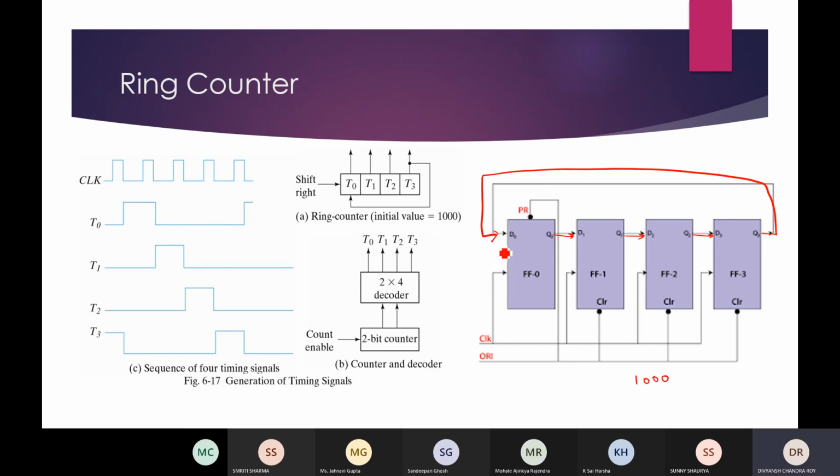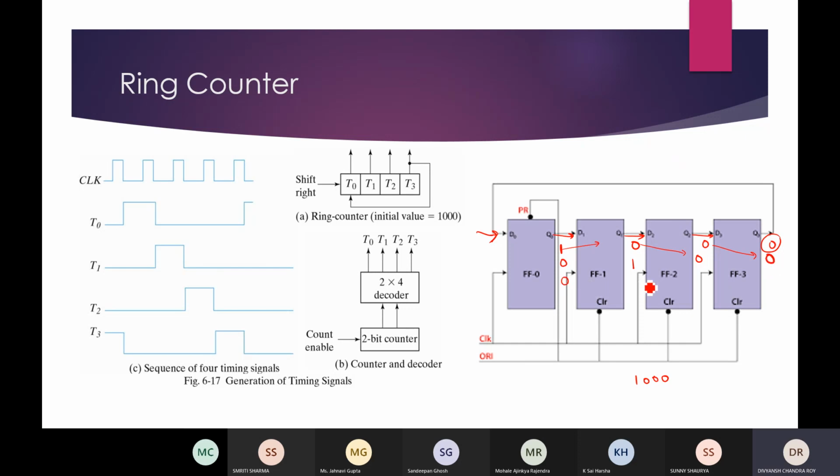1000, like here it will be 1 0 0 0, then next this 0 will pass to this input. So next it will be 0, and this 1 will be passed to the second, so it will be 1, this 0 will be passed to the second 0, and this 0 will be passed to the next flip-flop.